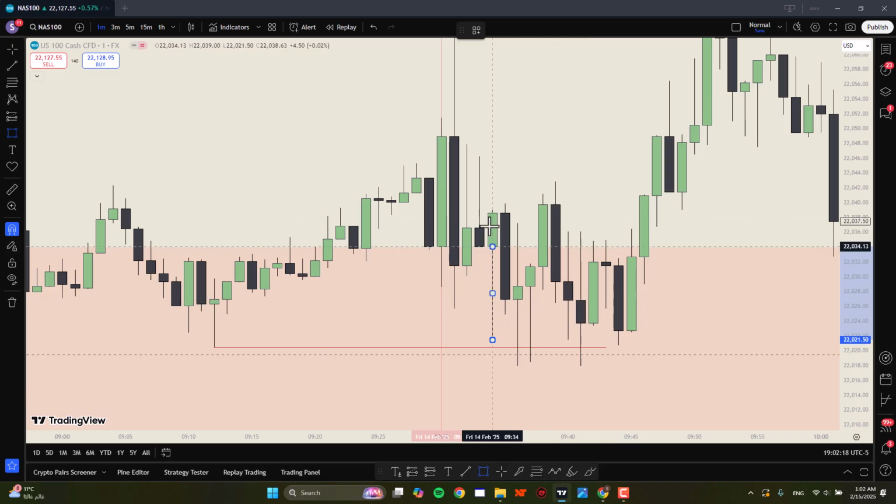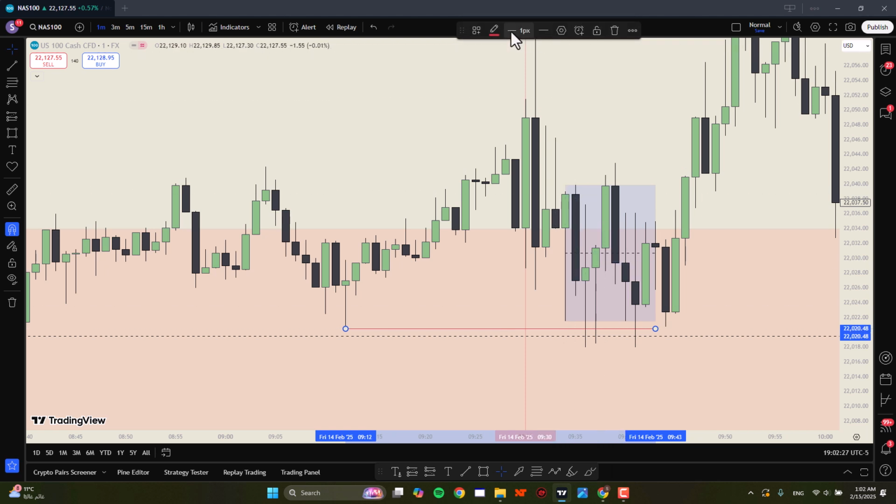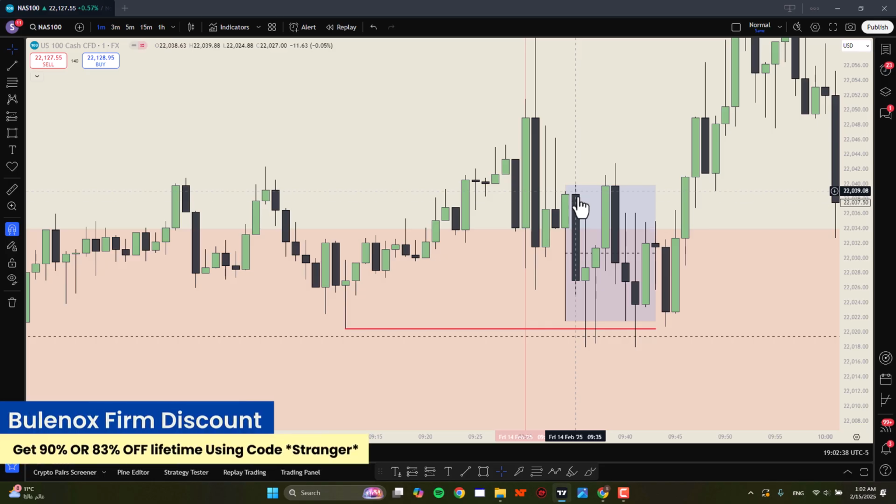But here I saw that this was the last move before the run of this low. From this low on the candle to this high, this was the last up move, and then we traded here. So that could be a break or something like that, right? It doesn't look like it on the 1 minute, but it is on the lower time frames. But it is pretty much the same.